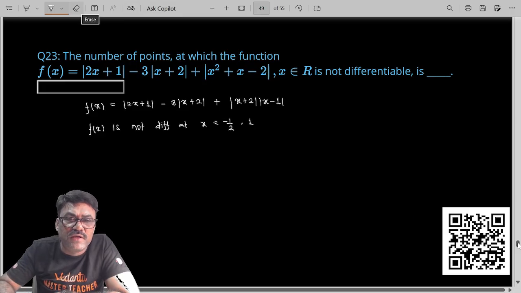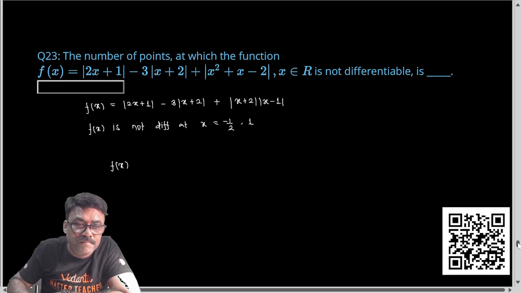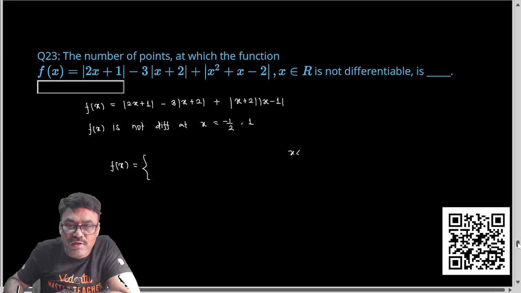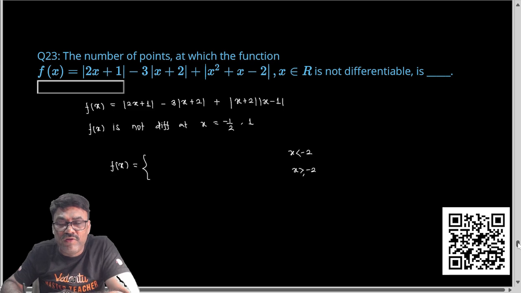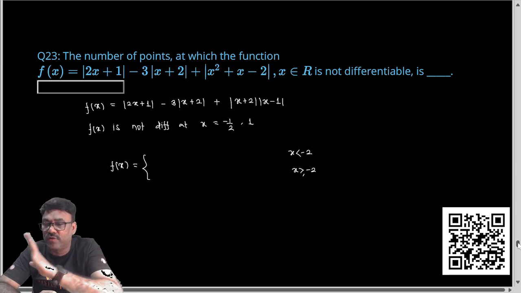So I'm writing the function for x less than minus 2 and for x greater than minus 2. I'm not going very far away from minus 2, just left of minus 2 and just right of minus 2.